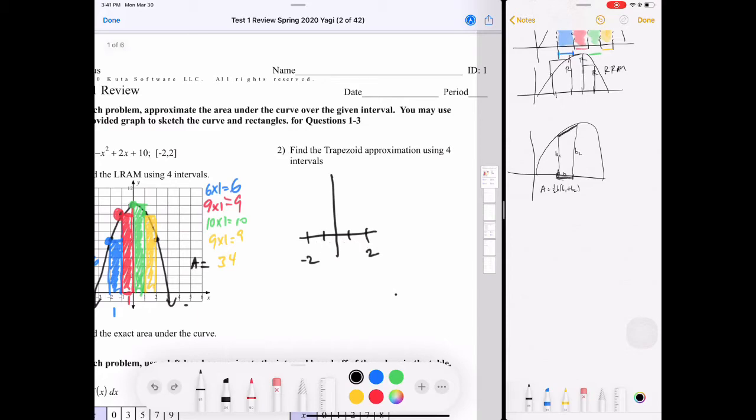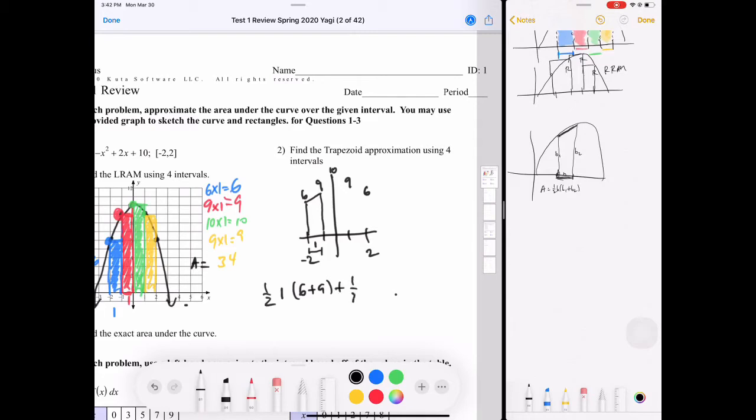And our spacing is going to be, the y values are 6, 9, 10, 9, 6. For trapezoid, the bases are 6 plus 9. The equation, remember, is 1/2 height. The height would be 1 because the distance here is 1. And our base 1 is 6, our second base is 9. And we're going to 1/2 that.